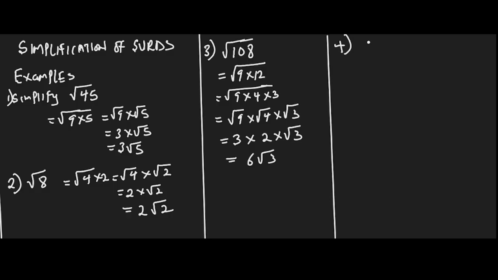The fourth example, we have 5 square root of a cube b. We want to simplify this as well.